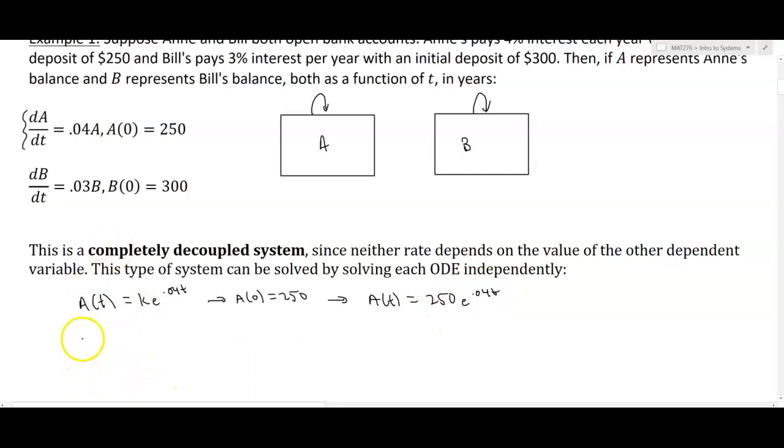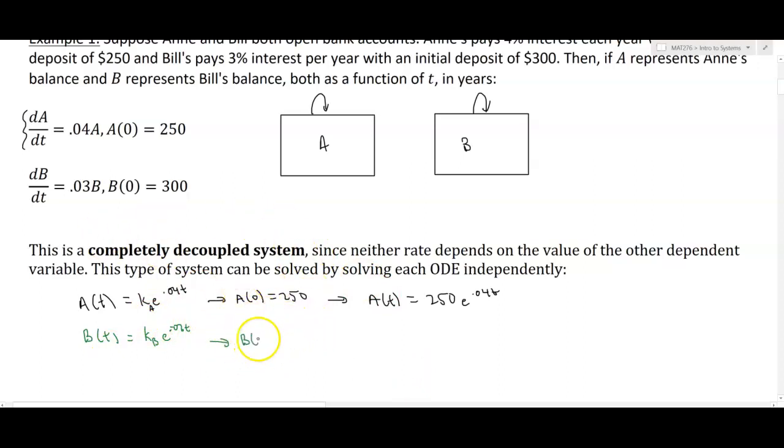For B of t, similar process. For B of t, it's going to be k e to the 0.03t. And we probably should distinguish between these k's. Not that we're going to end up using them collectively, but we probably should call this k sub A, and maybe we should call this k sub B, just to emphasize that they're not the same initial values. And you'll see later on that the k's actually do end up mixing into one another for non-decoupled systems.